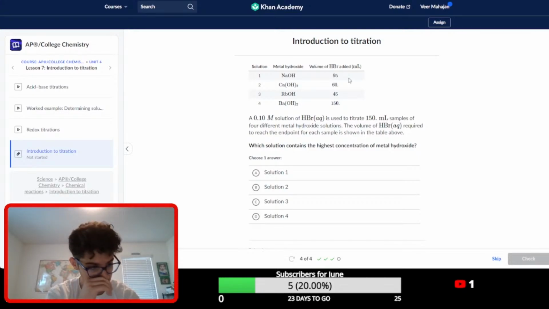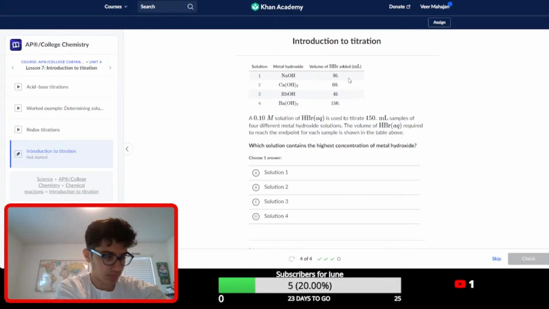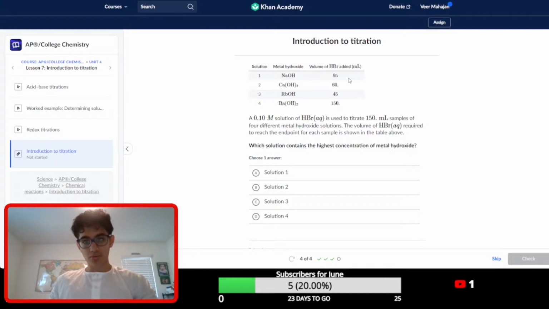Metal hydroxide, right? To find the highest concentration, we can think about this just logically. That's the point of this, to see if you already understand what's happening here, which I don't know if I do. So if you're adding the same acid, and it's 150 milliliters, and you add more milliliters of hydrobromic acid, you're adding more acid.